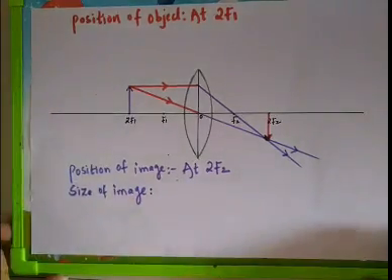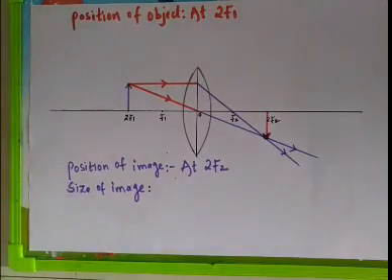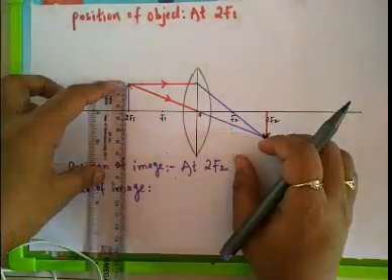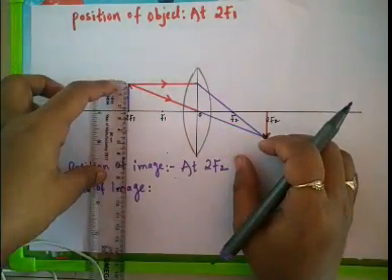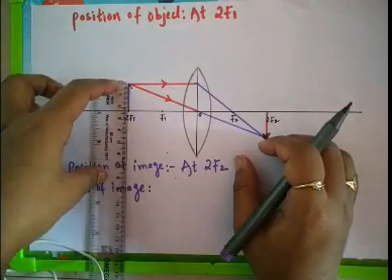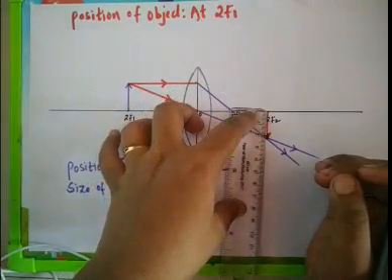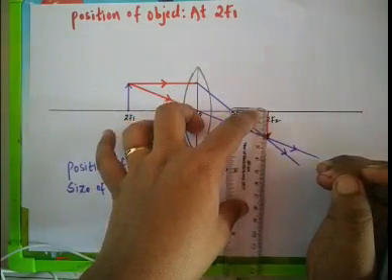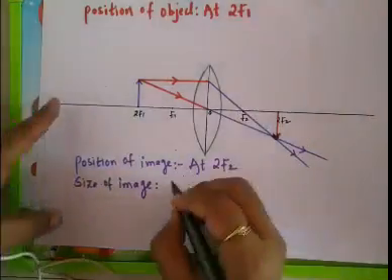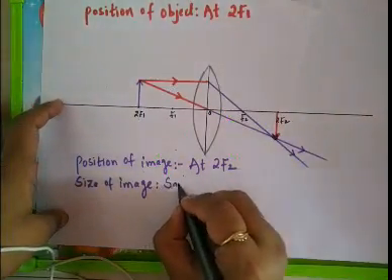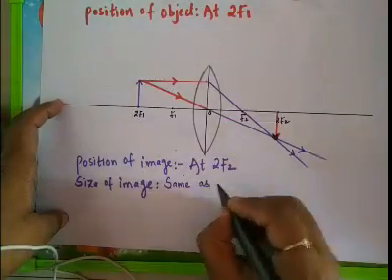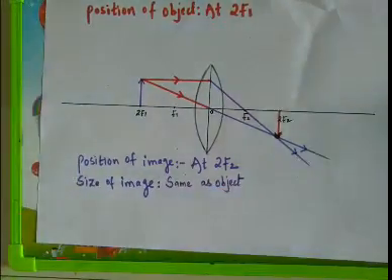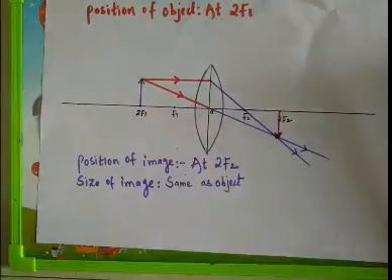Then we'll see size of image. Okay, so object is exactly of 2.3 centimeter, and here image is also of 2.3 centimeter. So size of image you will write same as object. Image is exactly same as object, same size of an object.